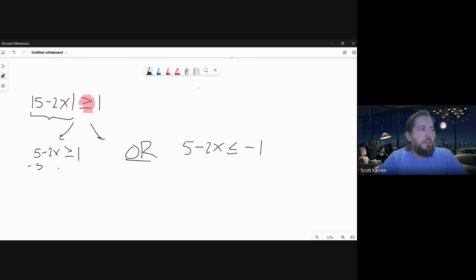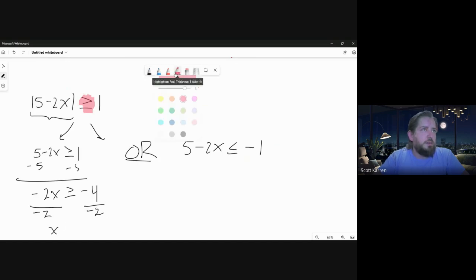Minus 5 on the left inequality gives me negative 2x on the left-hand side, still greater than or equal to negative 4. But as I divide both sides by negative 2, I get x, and because I divided by a negative, that symbol turns and becomes less than or equal to, then negative 4 divided by negative 2 is a positive 2.